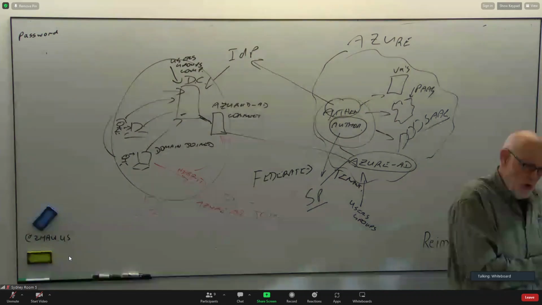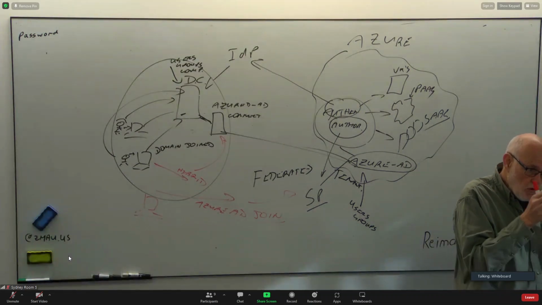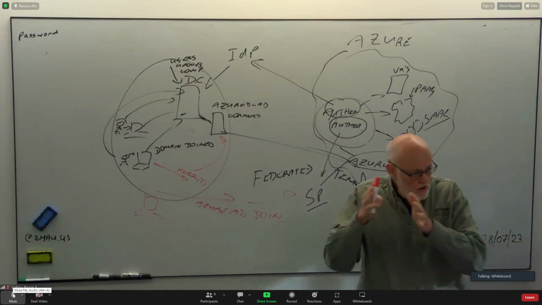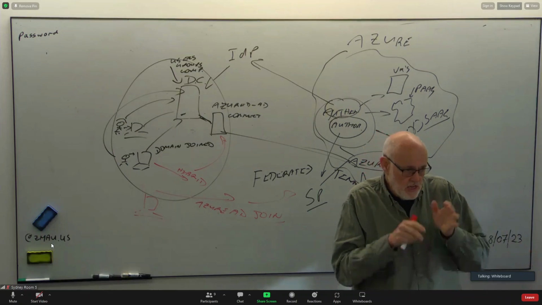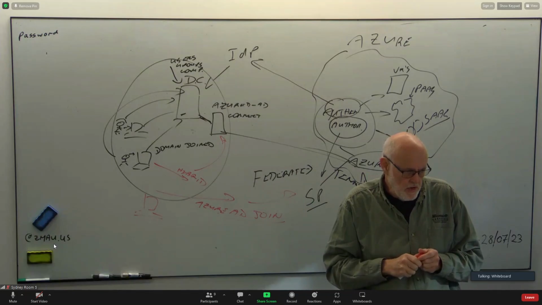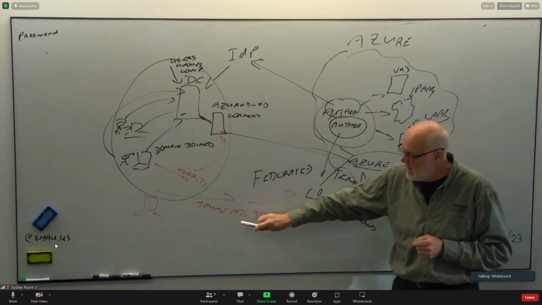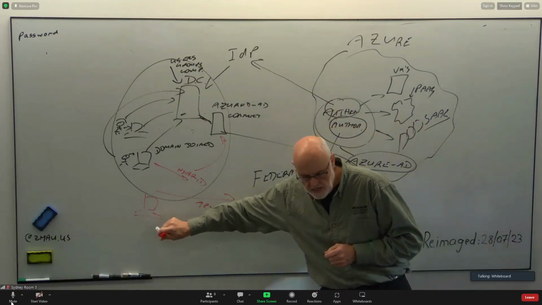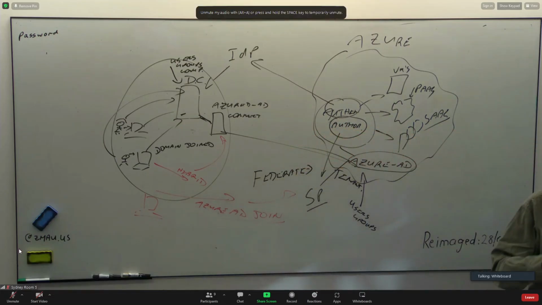You can have another person do the same thing with that same device. They can also Azure AD register that device. So a single device can have a number of people doing an Azure AD registration, as opposed to an Azure AD join, which is based on the device, not the user. So the device can only ever be Azure AD joined once.